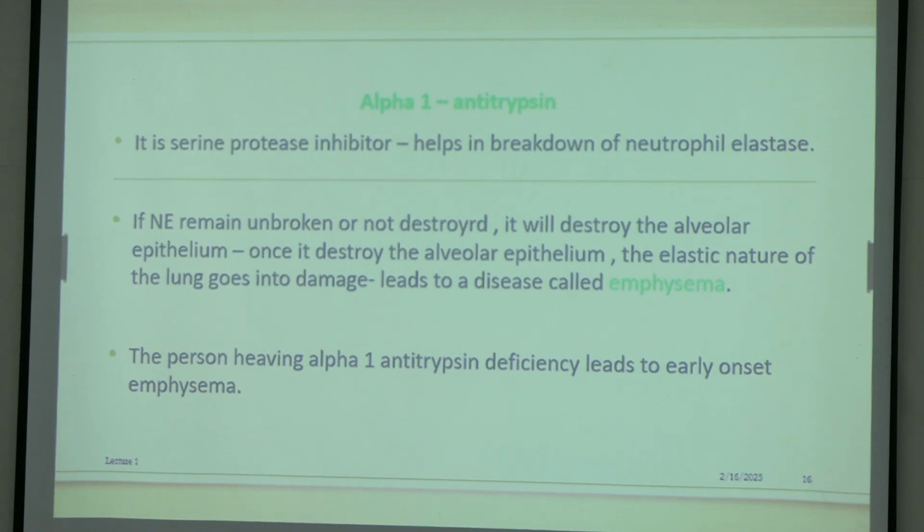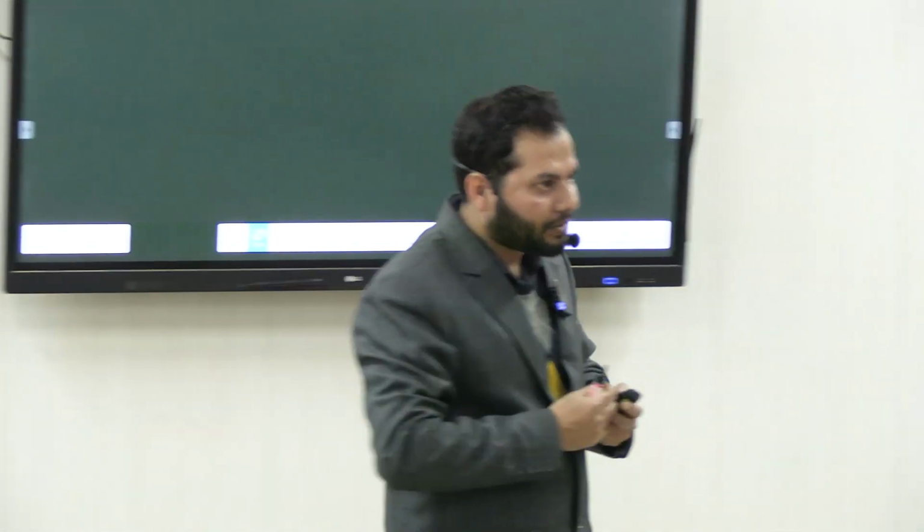Now we need to know whether neutrophil elastase is beneficial or harmful. If you see the role of alpha-1 antitrypsin, it acts as a serine protease inhibitor and it helps in the breakdown of neutrophil elastase. If neutrophil elastase remains unbroken or not destroyed, what may happen?